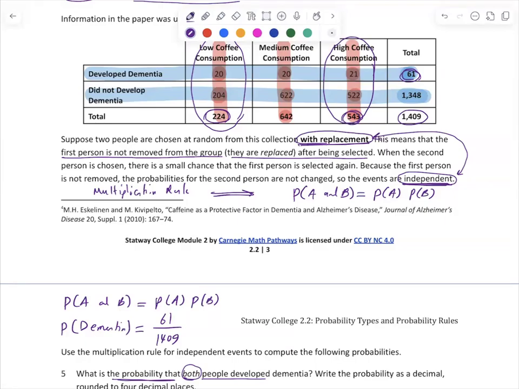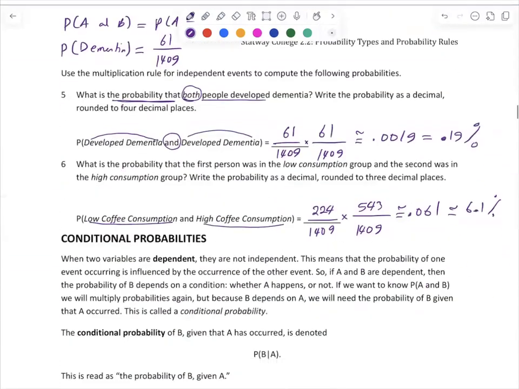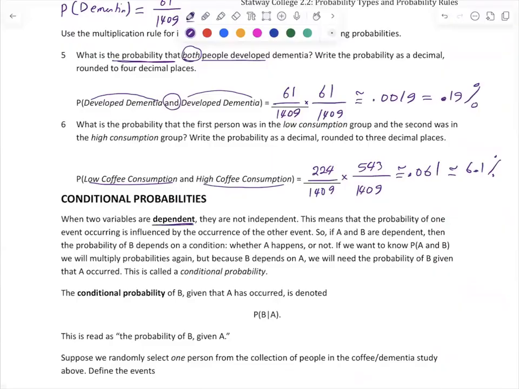But the question is, what if we have dependent events? It's very important, everyone. Please pay attention. When 2 variables are dependent, they are not independent, obviously. This means that the probability of one event happening is influenced by the happening of the other event.